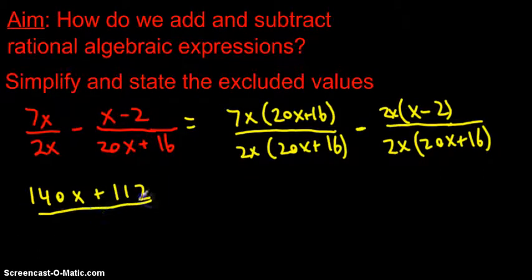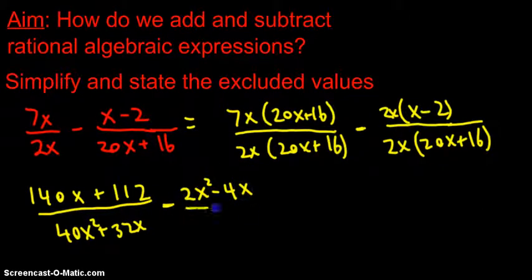All of that is over 40x plus x squared plus 32x minus 2x, excuse me, 2x minus 4. Oh, 2x squared minus 4x. All of that is over this same denominator, because they're the same. That's 40x squared plus 32x.